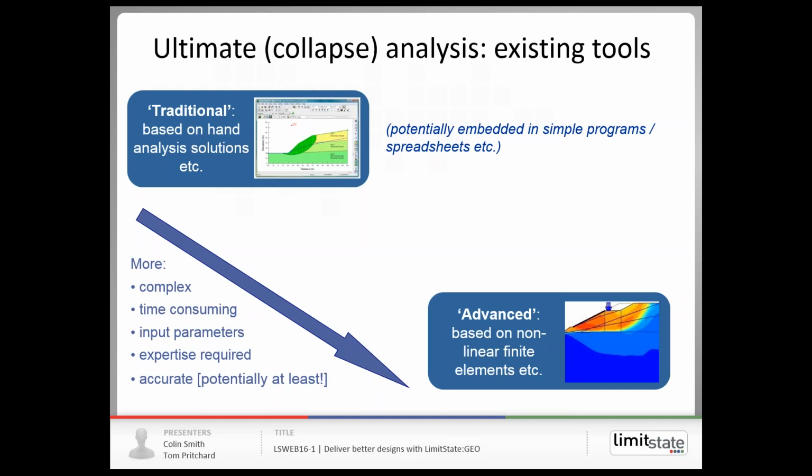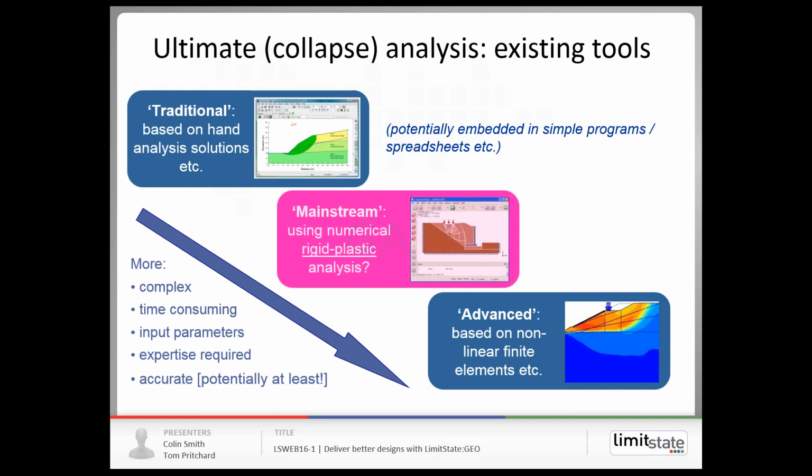We think there's a gap between these two, and filling that is computational limit analysis or plastic analysis, which gives you the geometrical flexibility of the finite element approach, but the ease of use and simplicity of the traditional approaches, where the only parameters you require are cohesion, friction, and unit weight.